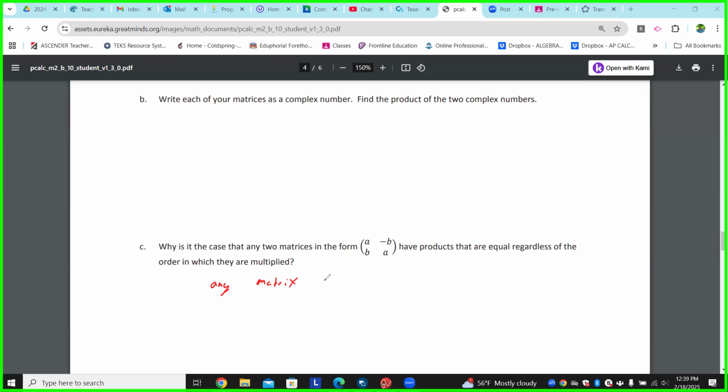So any matrix written as r cosine theta, negative r sine theta, r sine theta, r cosine theta will be commutative. If it can't be written in that form, then it's not going to be commutative. And that's it. That's all I got.